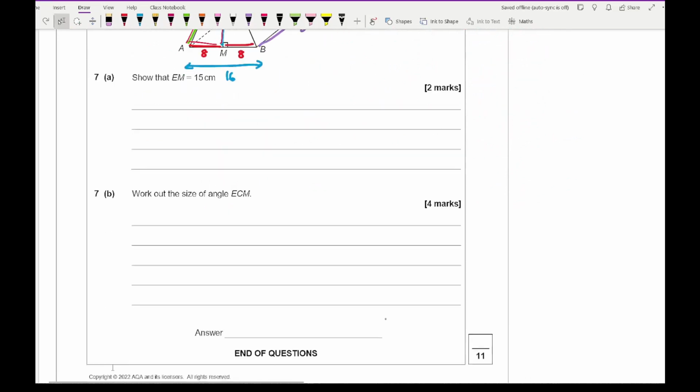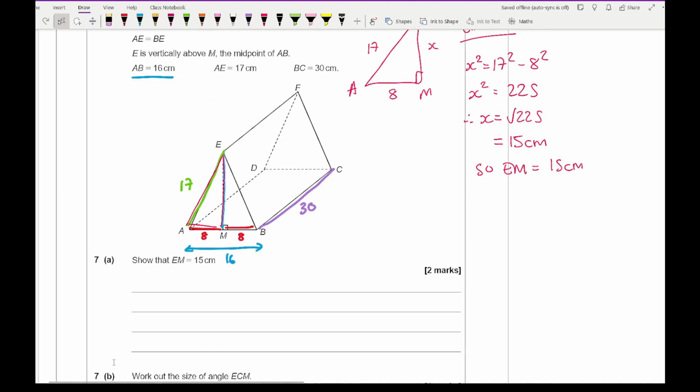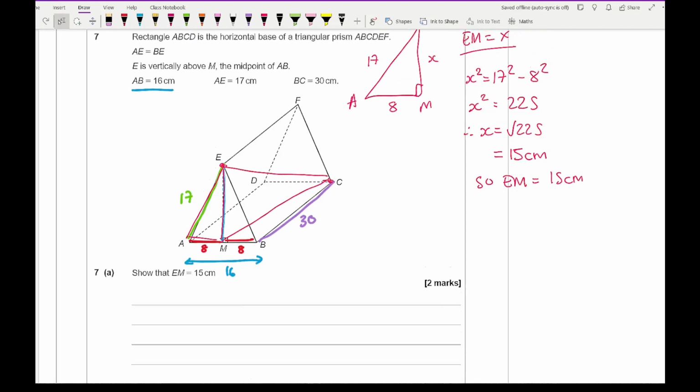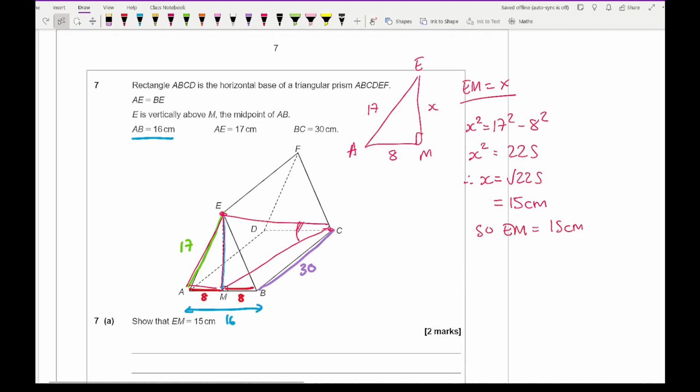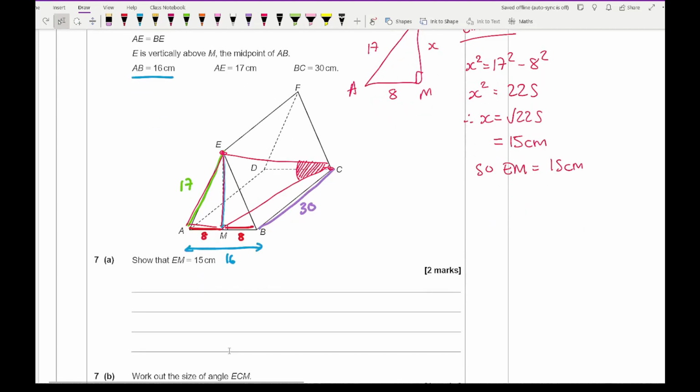Moving on to question 7b, it says work out the size of angle ECM. So let's have a look at what it's actually wanted. So E to C to M is this angle here, which we'll call theta. Now looking at that right angle triangle, let's use blue, as it seems quite a dominant colour in what I've done so far.